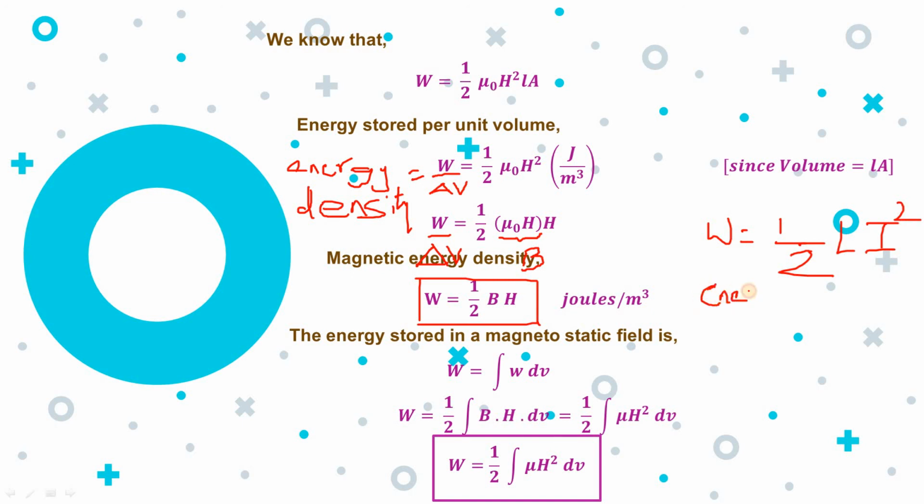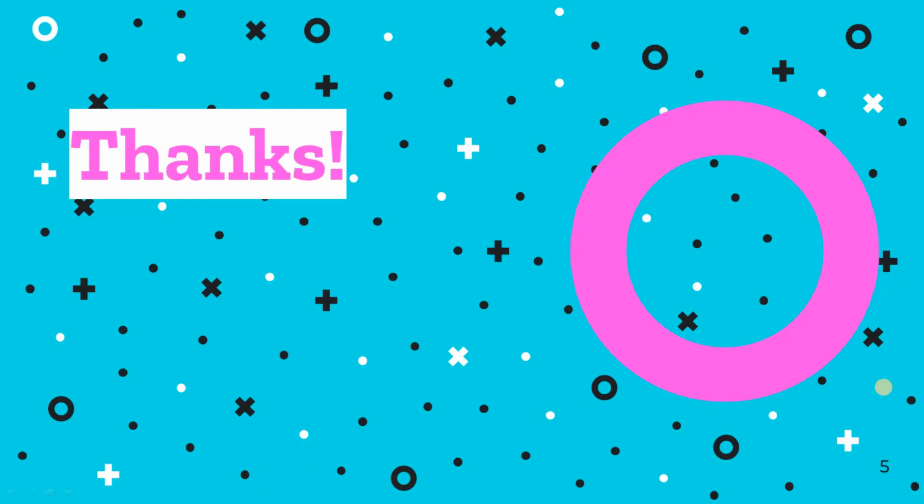Energy density is nothing but energy stored per unit volume, given by the expression half into B into H. These are the two topics we have discussed in this video. Thank you all.